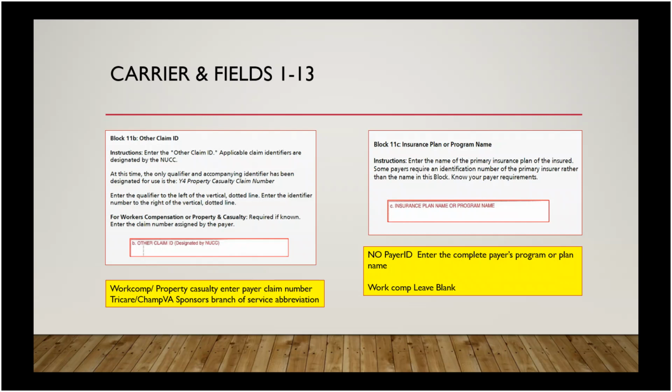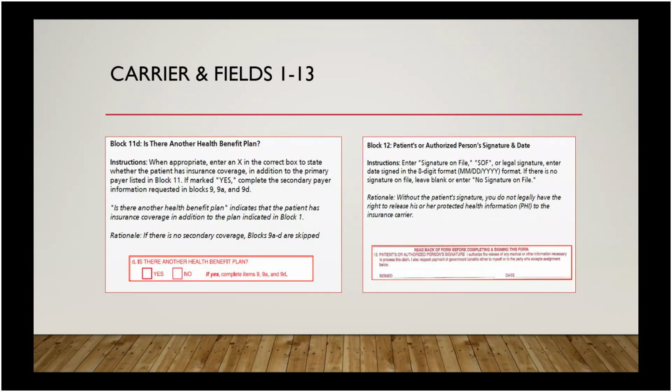Block 11C is our insurance plan or program name. So with no payer ID, enter the complete payer's program or plan name. And for work comp, you're going to leave this one blank. 11D is another health plan benefit. So is there another health plan benefit?